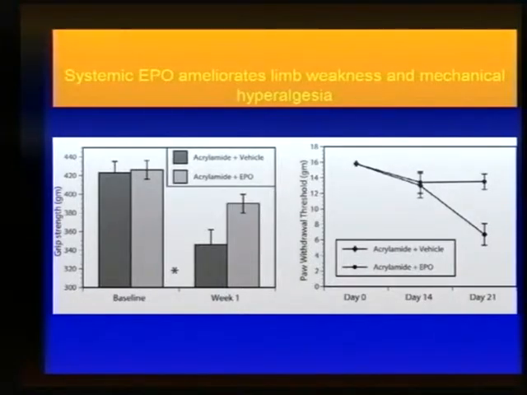So basically, the lower the number, the more degree of neuropathic pain behavior, but we can ameliorate this when we give EPO. This is a motor clinical scale. This is grip strength. So when we give acrylamide, these animals have reduced grip, but we can prevent at least some of this when EPO is co-administered.